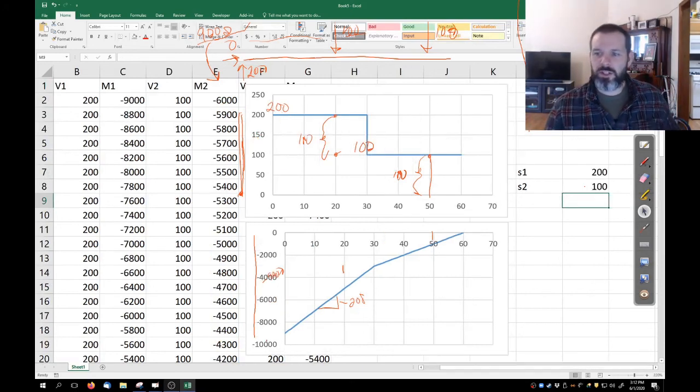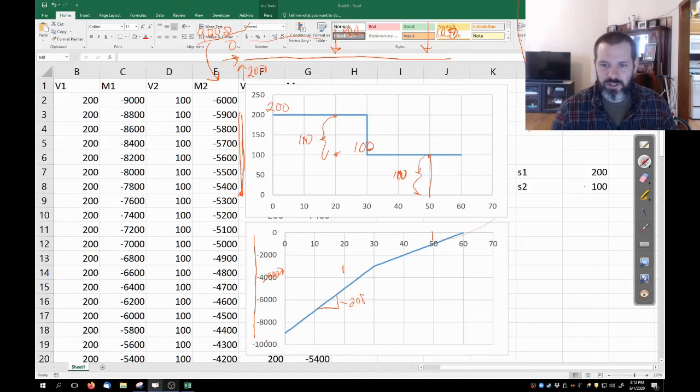So lo and behold, S2 is equal to 100. 100 is the value of the shear diagram between the two point loads.